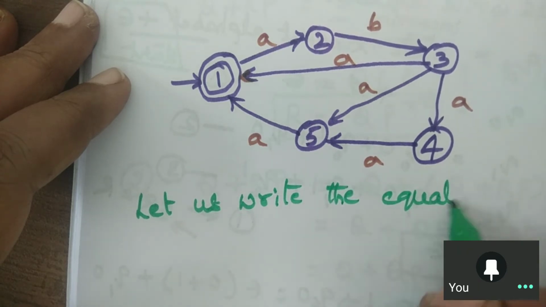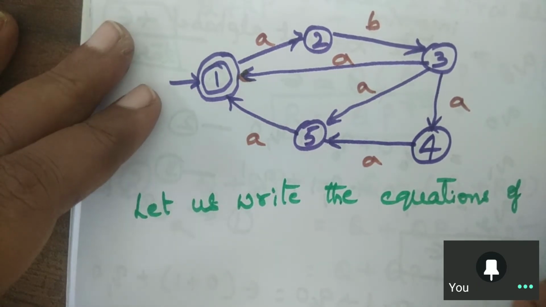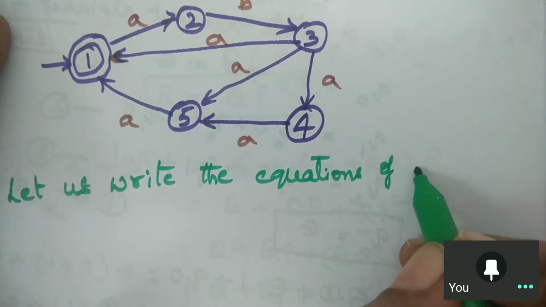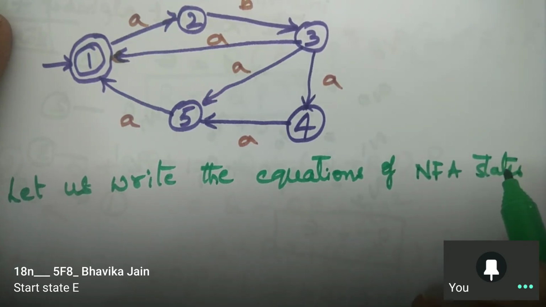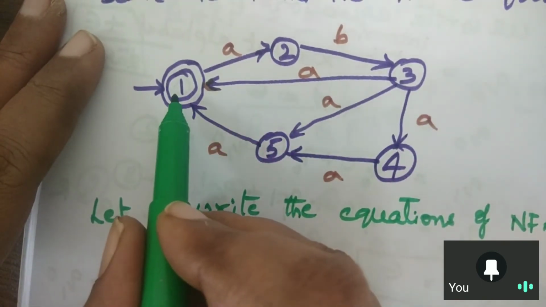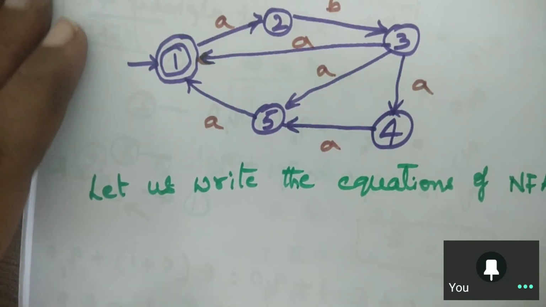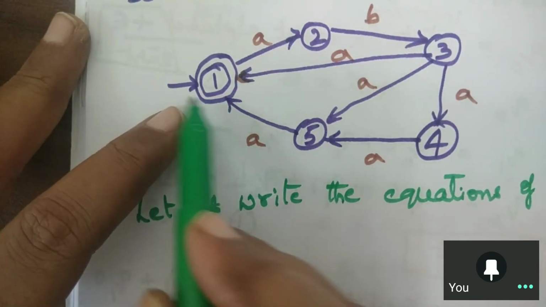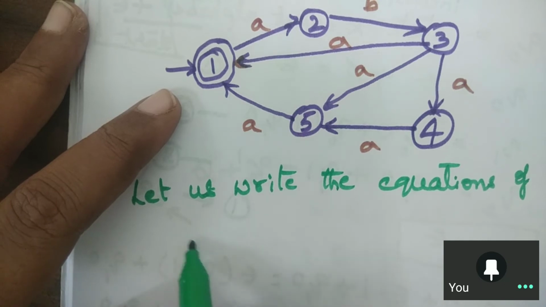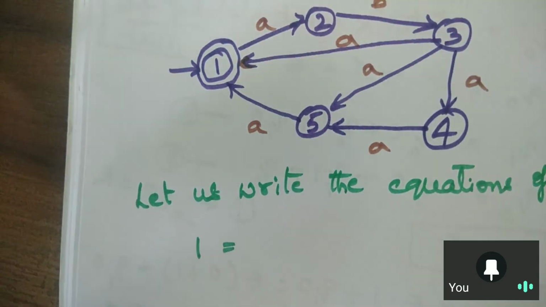So the equations of NFA states. Start state E. It is not E, it is 1. 1 is the start state as well as the final state. For the start state you are saying epsilon, right? But here the start state is 1. So if you start with 1, always let us remember the formula. So what is the formula?